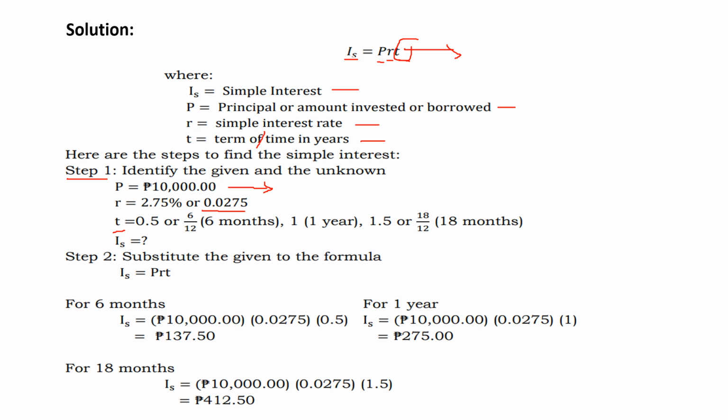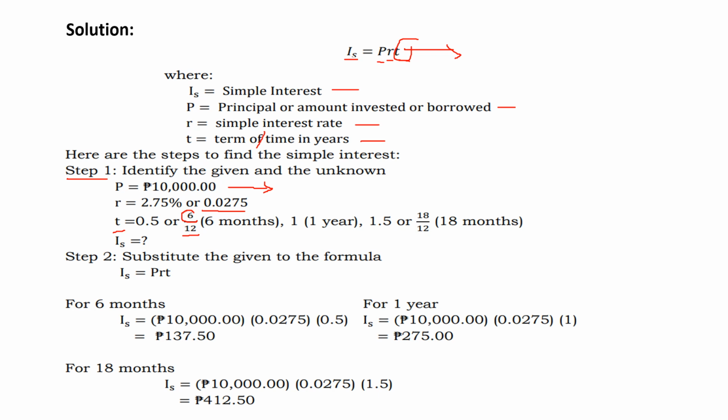So your 6 will be divided by 12 for 6 months, or simply 0.5, because 6 months is one half of a year, or equivalent to 2 quarters.